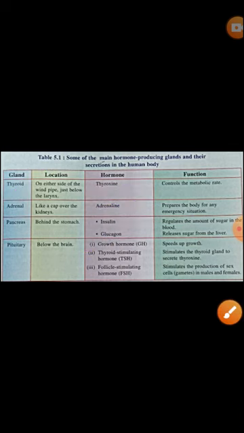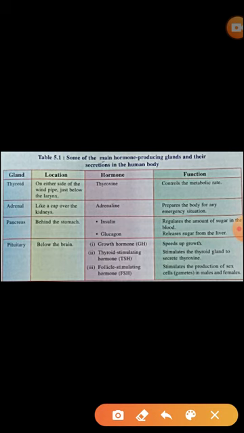Now the pancreas is situated behind the stomach and the hormones are insulin and glucagon. The function is to regulate the amount of sugar in the blood and release sugar from the liver. Now last but not the least, the pituitary.